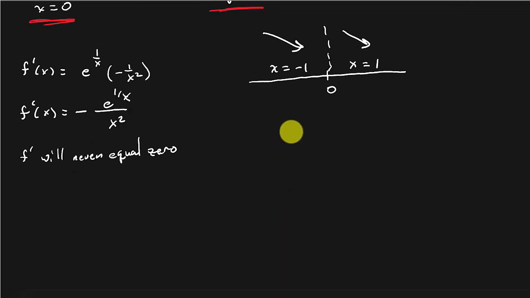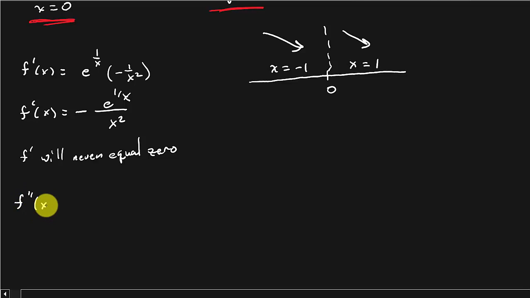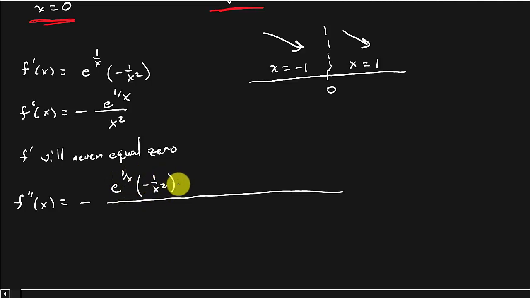Okay, so we need the second derivative for that. So the second derivative, and once again, I'm not going to work this all the way out, but I'll do that first line for you. So that's negative, and so I'm going to put that negative out here, and then quotient rule. So that's the derivative of the numerator, which is e to the 1 over x times the derivative of the exponent times the denominator minus the derivative of the denominator times the numerator, and that's all over the denominator squared.